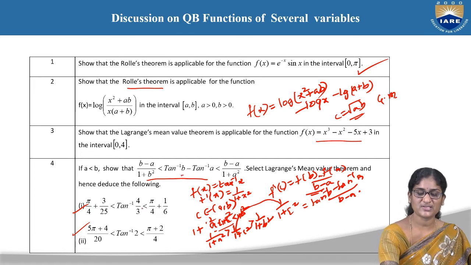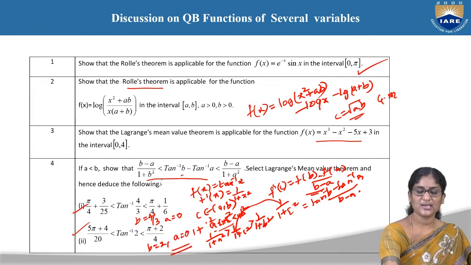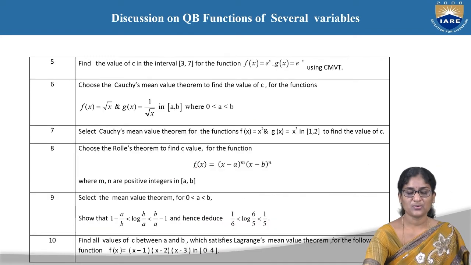Most probably for the first one, b has to be taken as 4 by 3 and a as 0, and for the second one, b as 2 and a as 0. If you apply these conditions in the inequality, you are going to get the two deductions also.